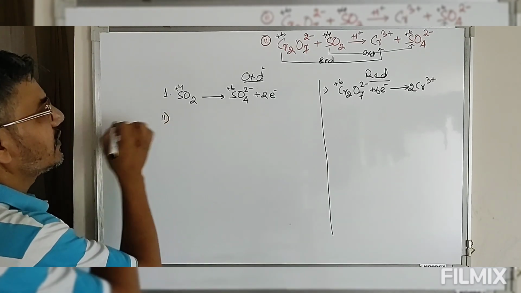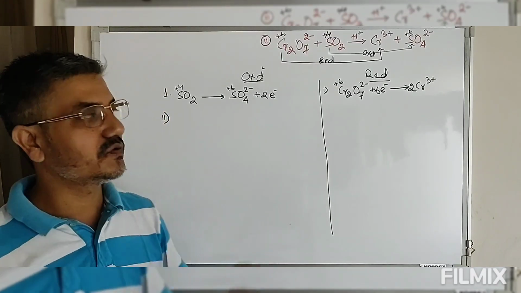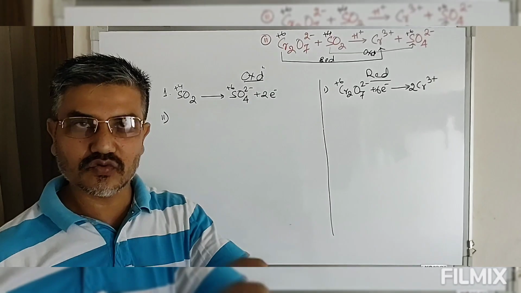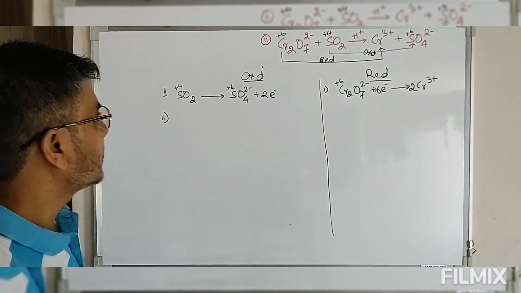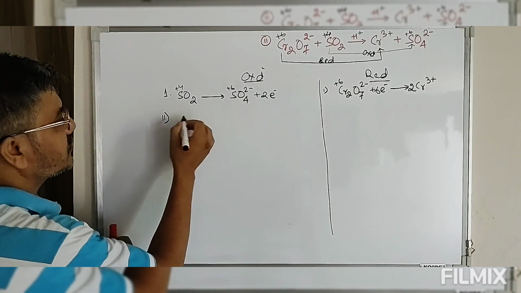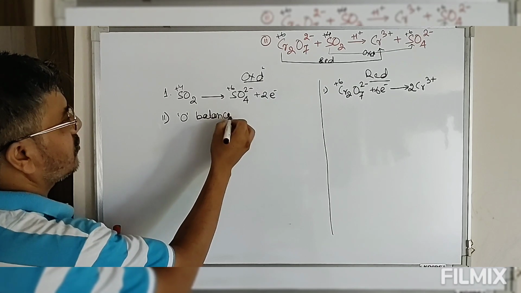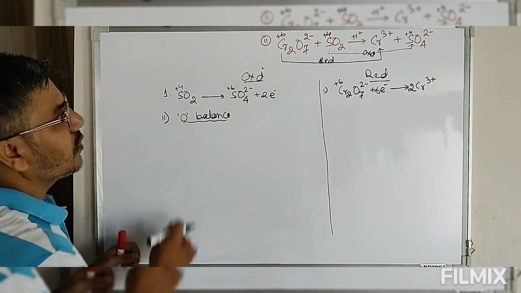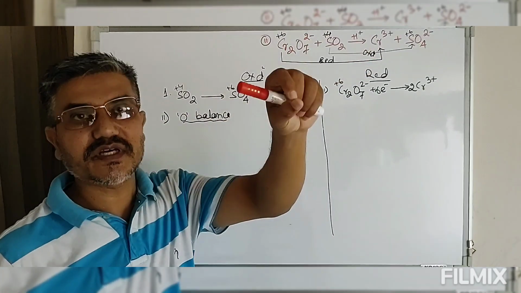Rule number 3, balance all other atoms other than hydrogen and oxygen. तो यहाँ तो कोई दूसरा atoms है नहीं, तो no need for balancing of other atoms other than hydrogen and oxygen. Then next is balancing of oxygen. Now already the reaction, look at this, is given with H plus ion. इसका मतलब reaction is taking place in acidic medium.